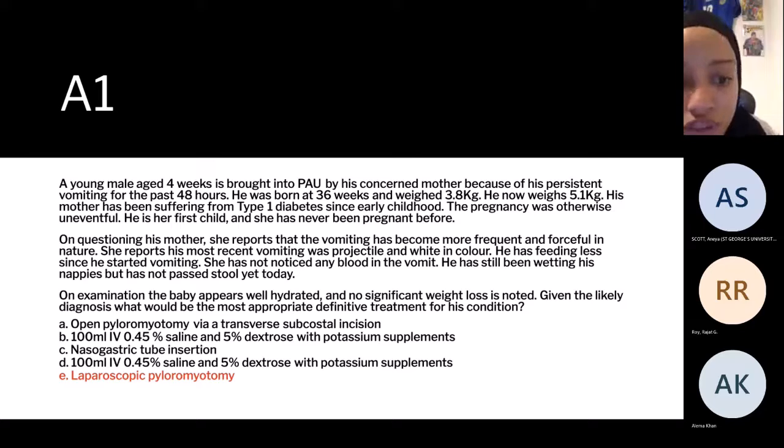As for the other response, 100 millilitres IV, you would only really do that if the patient didn't appear hydrated. In this case the patient is quite hydrated, so that wouldn't be the case. I hope that makes sense.